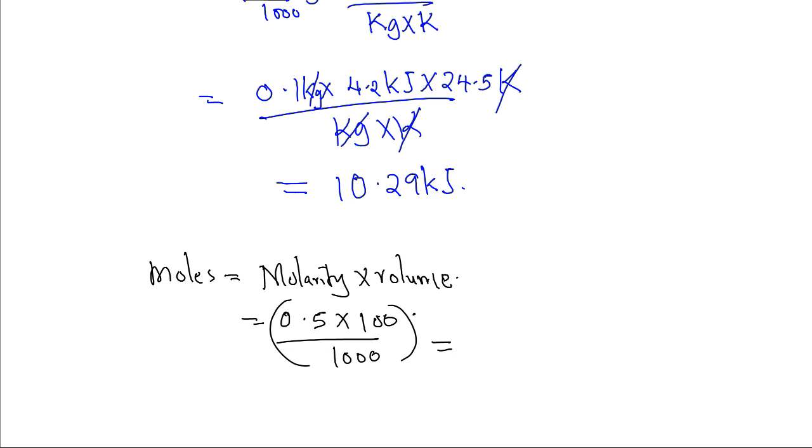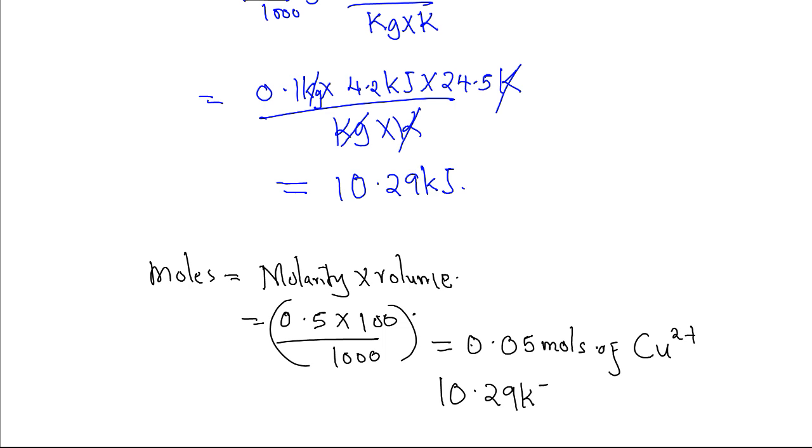So that will give 0.05 moles. So it means that when 0.05 moles of copper 2 ions are displaced from solution by 4 grams of zinc, we shall have 10.29 kilojoule of heat evolved.